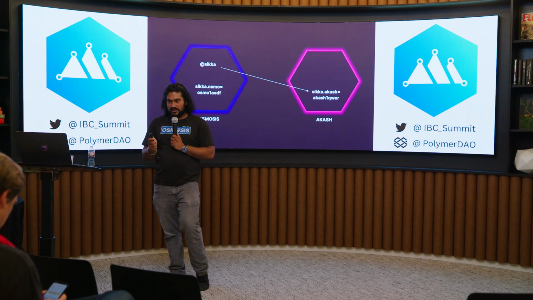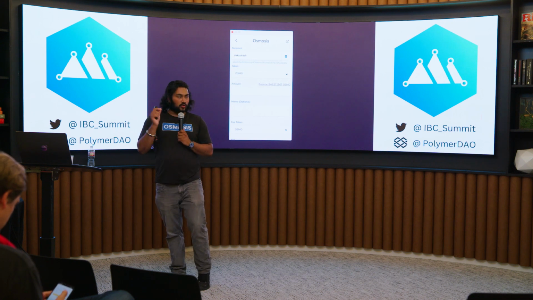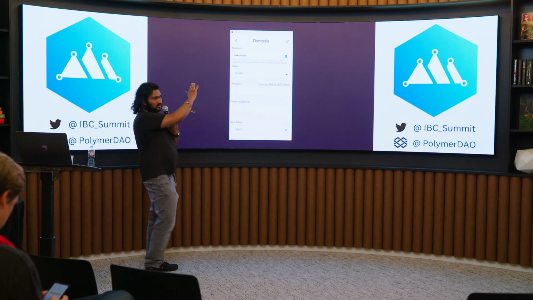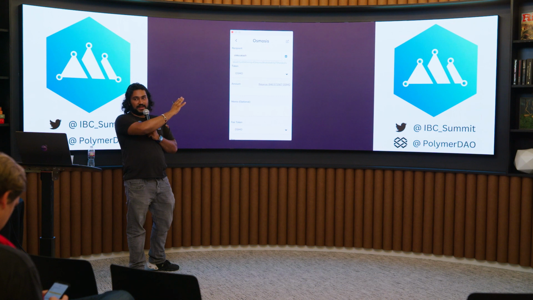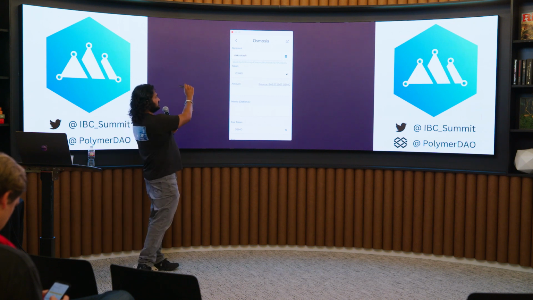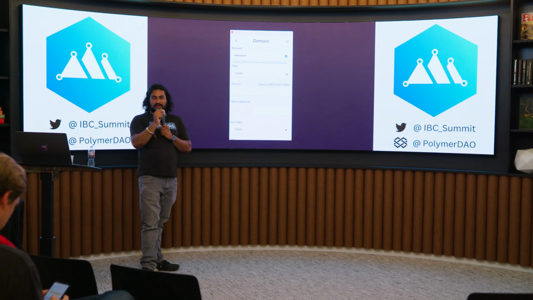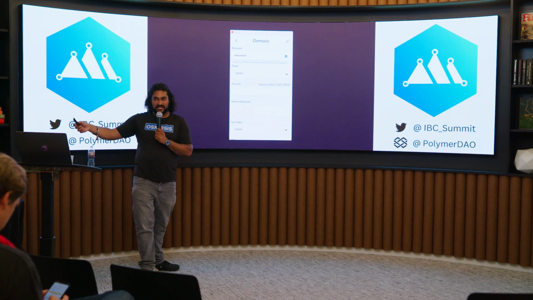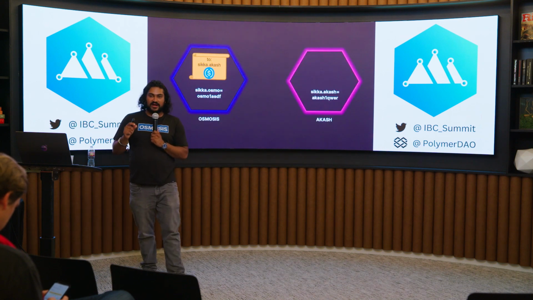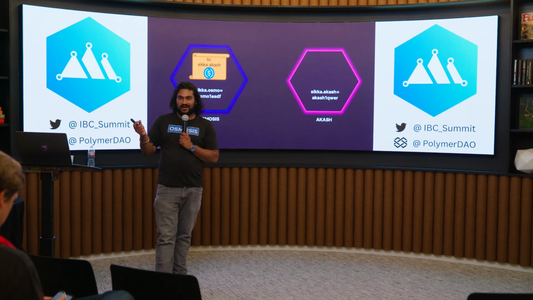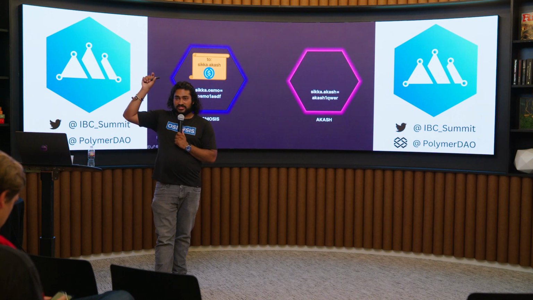And then what will happen is when you start making transactions, the goal is that you'll be able to put, so notice that this is an Osmosis Keplr screen, but I'll be able to put a transaction that's meant to go to Sika.akash. And it works a little bit like DNS, right? It'll say, oh, I don't know who Sika.akash is.